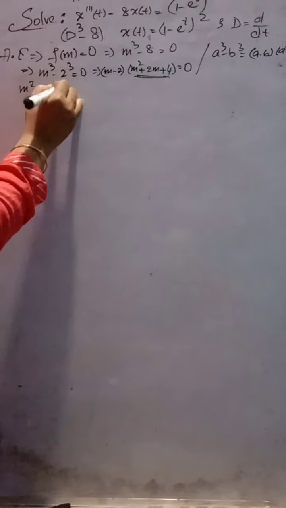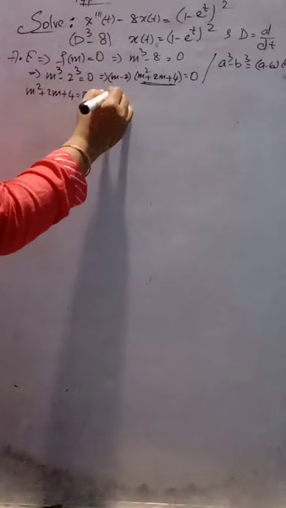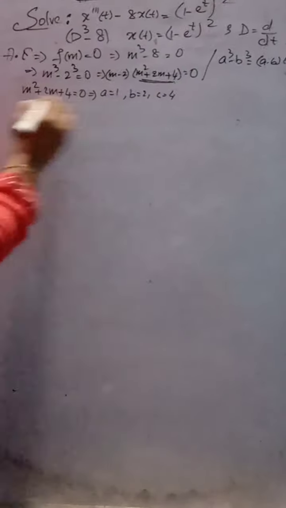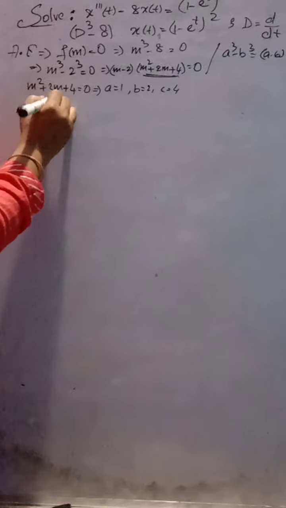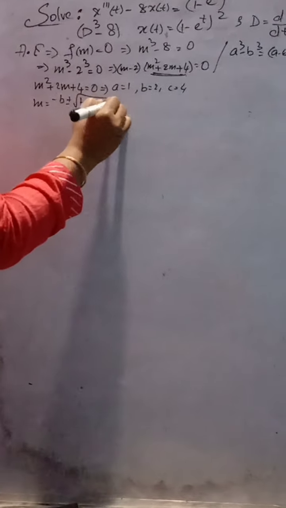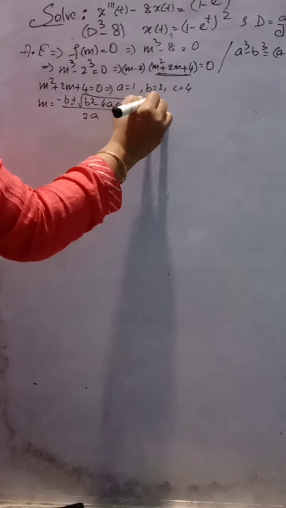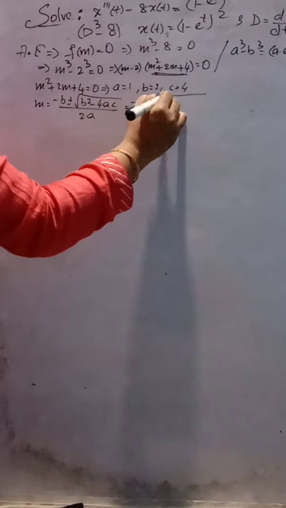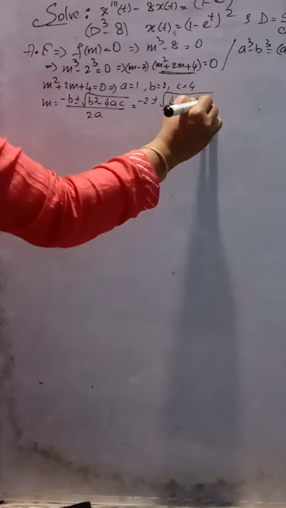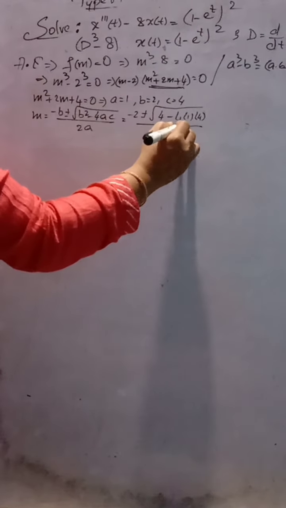Applying it, we get A is equal to 1, B is 2 and C is 4. So m is equal to minus B plus minus under root of B square minus 4AC by 2A. This is equal to minus 2 plus minus under root of 4 minus 4 into 1 into 4, the whole divided by 2 into 1.